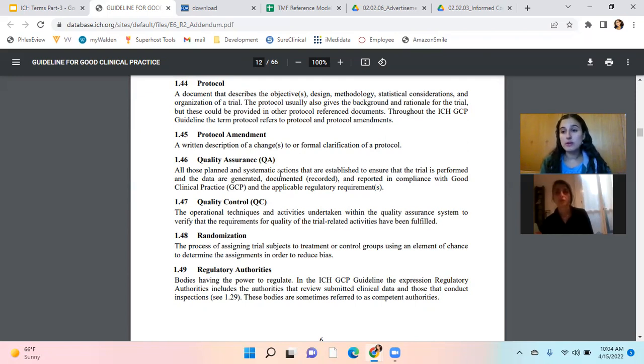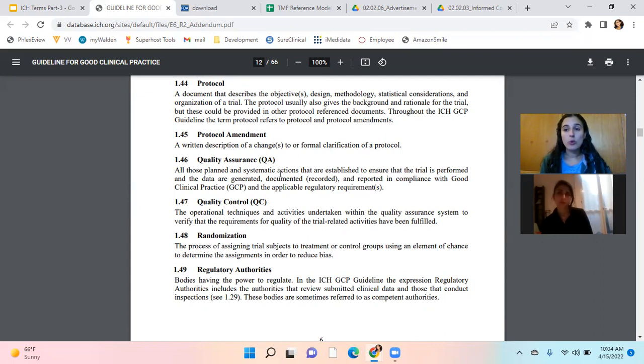Then it wouldn't be fair. You wouldn't be able to use that data to say this drug works great, when maybe it only works in that small population. That's why they usually like to have global studies, and even within the United States, a lot of different sites and locations.